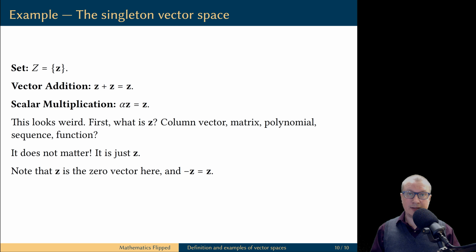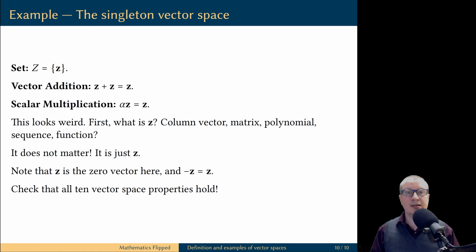Also, the negative of z is z itself. Please check it. Also check that in fact all 10 properties of vector space hold in this trivial case. So this is an example of a vector space. It contains only one single vector, and of course this one single vector is the zero vector in this vector space.